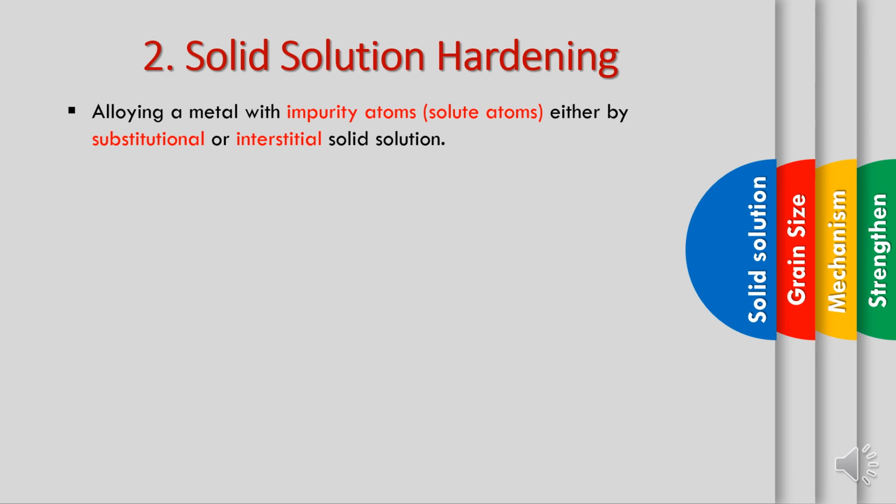Alloying a metal with impurity atoms, or sometimes called solute atoms, can be done in different ways, either by substitutional or interstitial solid solution. This substitutional or interstitial we learned in the previous chapter, so I don't want to explain more about this.